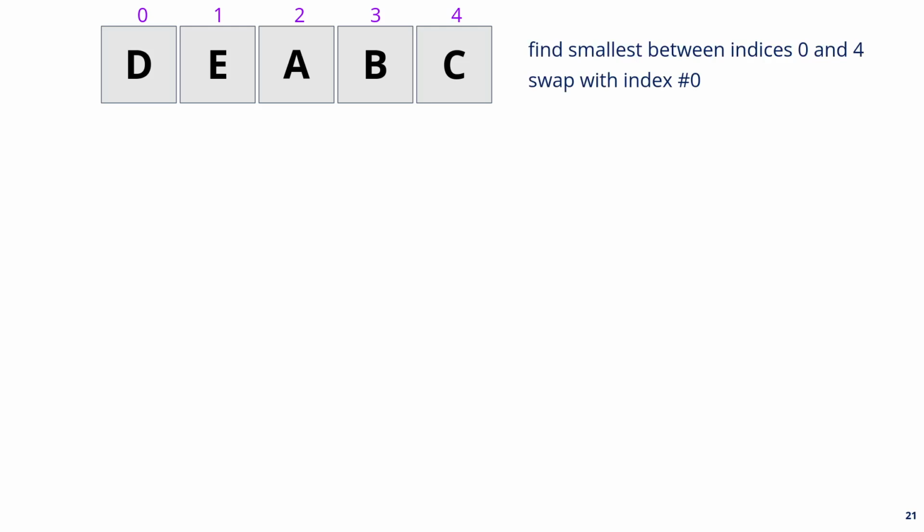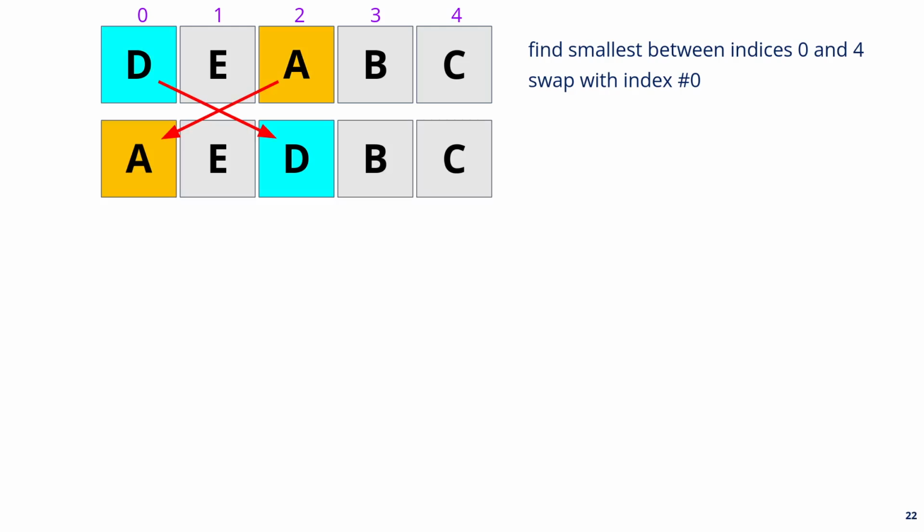So as it said on the screen, find the smallest value between indices 0 and 4. The first time, I is 0, so we want to look for the smallest element in the whole list. We want to swap it with what's at index 0. I'll put that into a variable called SI. SI is going to be the index of the smallest value.